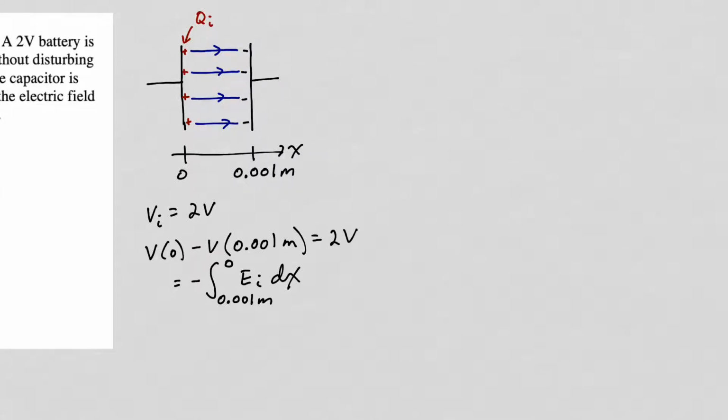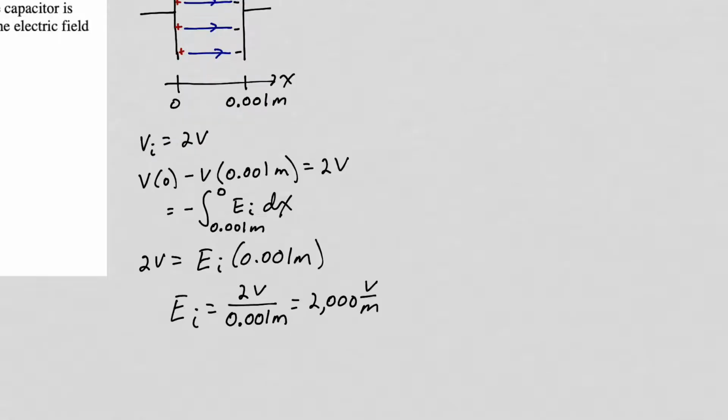Since we are told to ignore fringing fields, the electric field intensity is only in the x direction, so to find the voltage across the capacitor, we integrate minus E sub i dx from the right plate to the left plate. So the voltage is the electric field intensity inside the plates times the plate spacing, or the initial electric field intensity inside the plates is 2000 volts per meter.